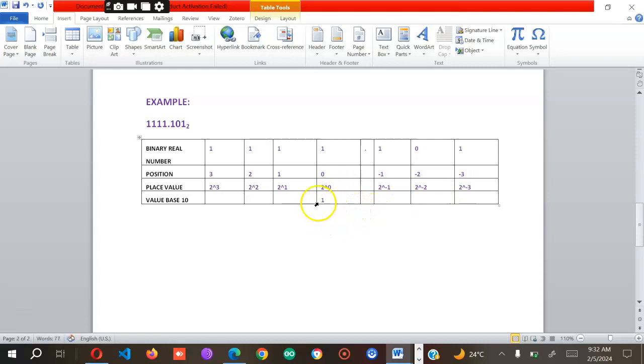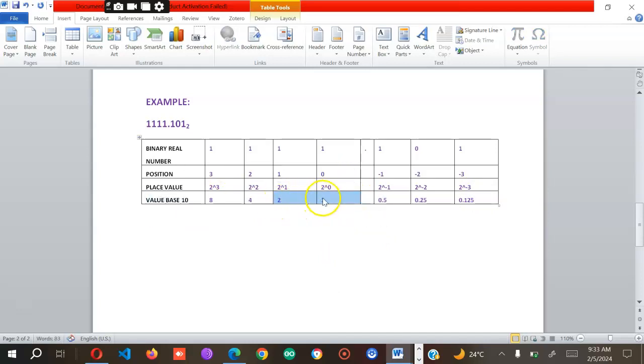This is supposed to give us 1, 2, 4, and lastly 8. The fractional ones give us 0.5, 0.25, and 0.125.